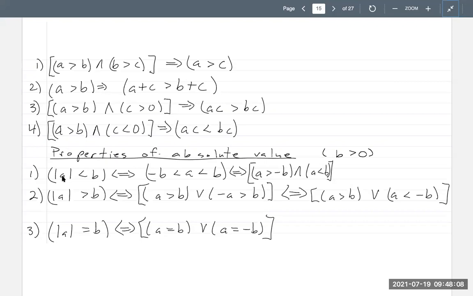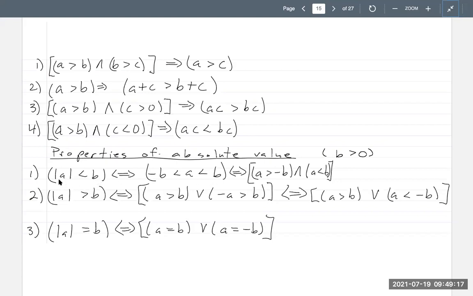If the absolute value of A is less than B, this is the same as saying that A is less than B and negative A is less than B, because the absolute value of A is equal to either A or negative A. Multiplying both sides by negative 1, I have that A is greater than negative B and A is less than B, which you can write in abbreviated notation joined together: A is between negative B and B. This is sometimes called a three-part inequality.